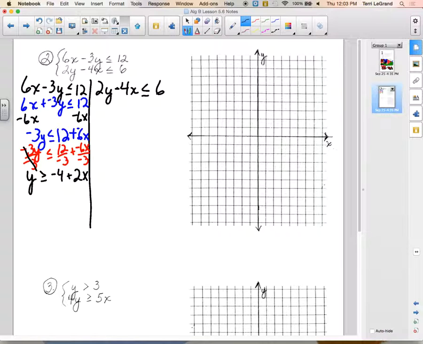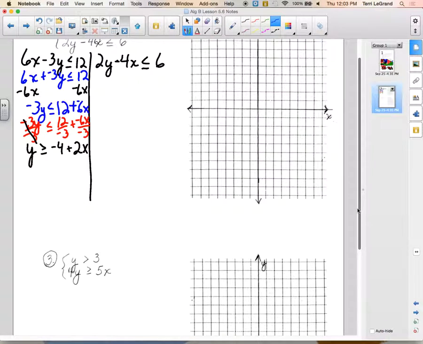We're ready to identify our m and b, and solid or dashed. m is 2 over 1, or -2 over -1. b is -4. Solid or dashed? Solid. Okay, let's go ahead and graph that line.